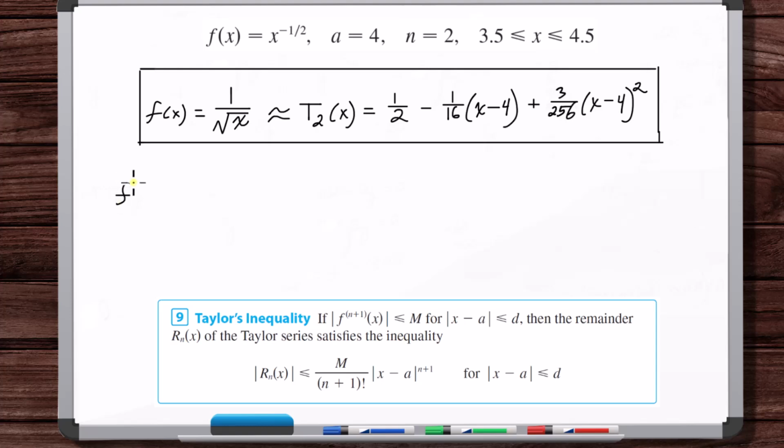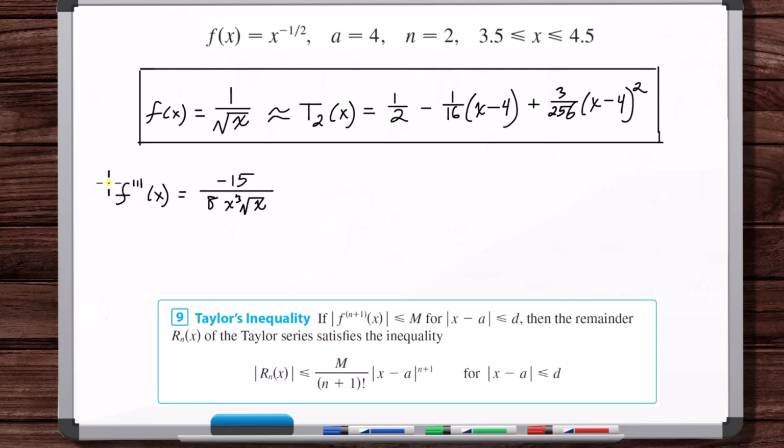There's the third derivative. Okay, now we're looking at the n plus 1th derivative.